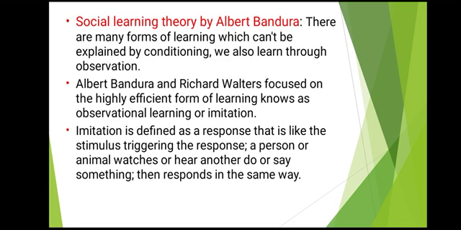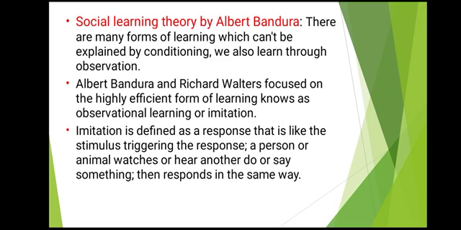He said that while living in this society, when we meet people and face situations, we observe them, and when we observe them, we imitate their behavior. After imitation, we practice that behavior, and we will be able to learn that particular skill.